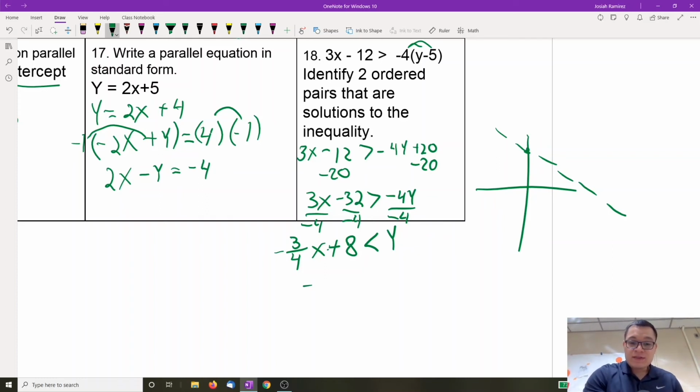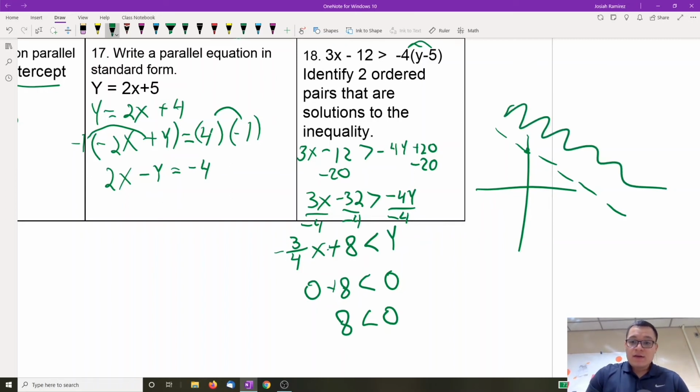And now I just need to see, should I shade the bottom part or the top part? So let's plug in 0 and 0. Is 8 less than 0? We use the test point. No, it's not. So we need to shade this side, which means we need numbers that are higher than this line.